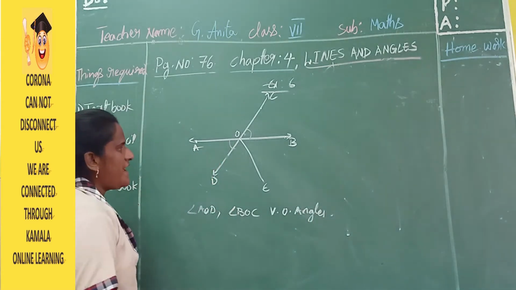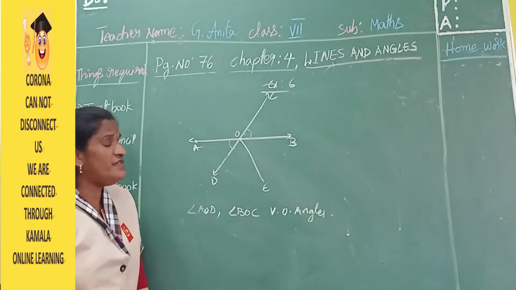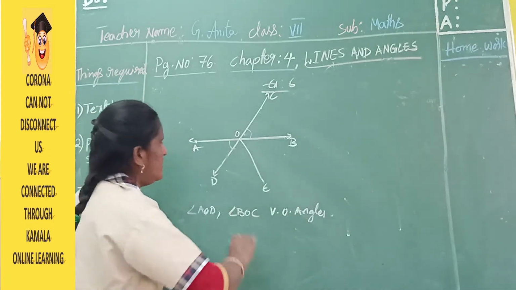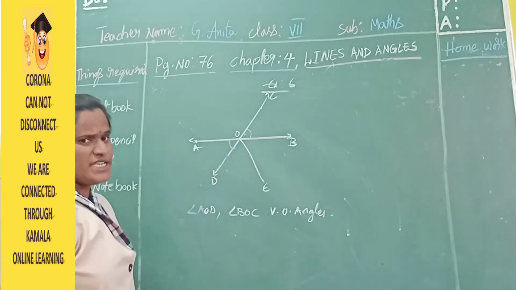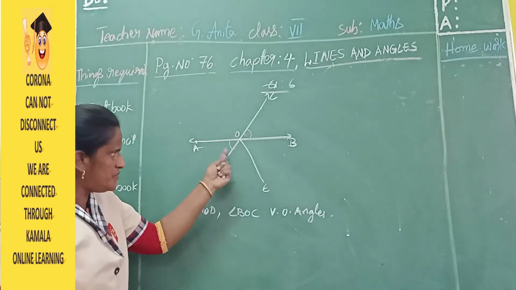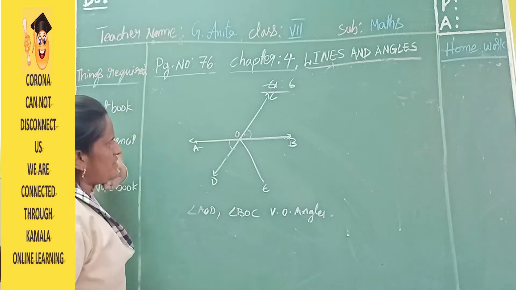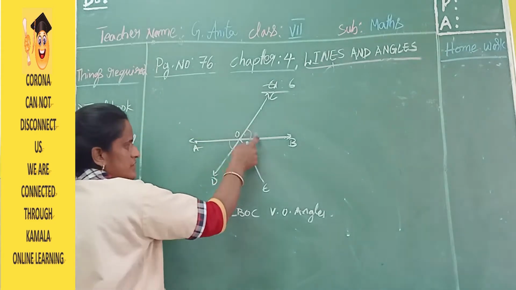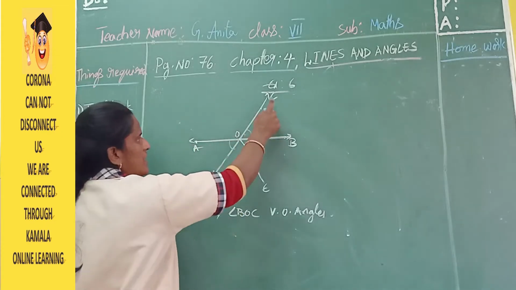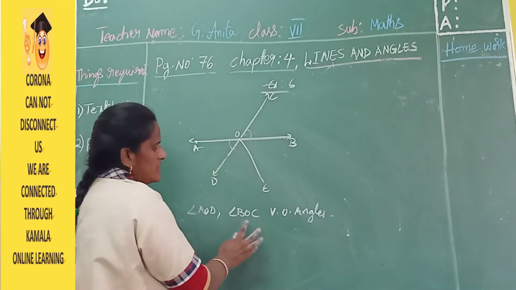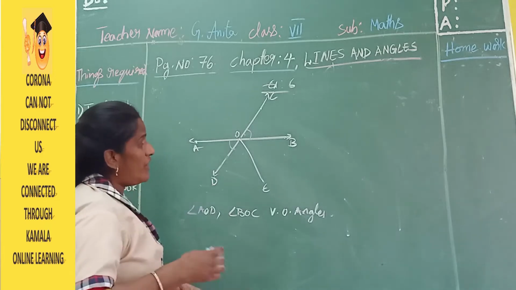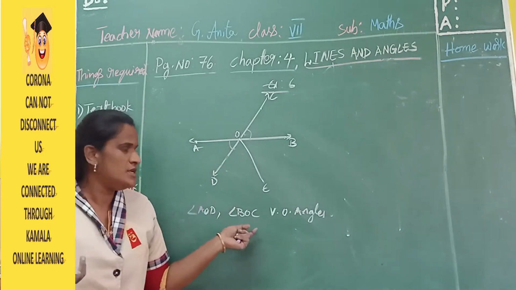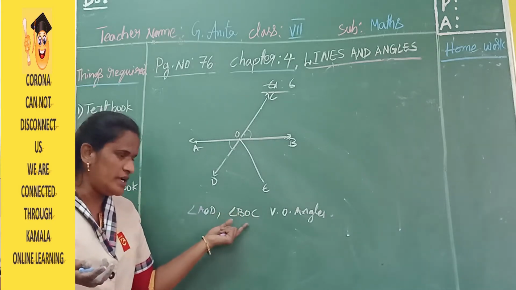Okay students, next you observe which are vertically opposite angles. In this figure, are there any vertically opposite angles? Yes or no? You observe the total figure. Already we have found angle AOD and angle BOC. These are the vertically opposite angles. And they are asking for two pairs. Already we got one pair and we want the other pair.